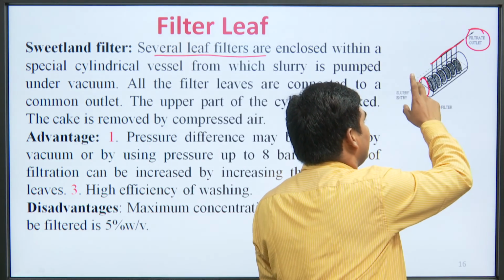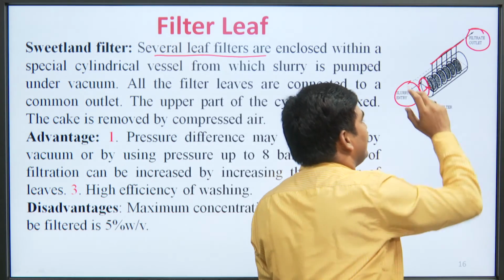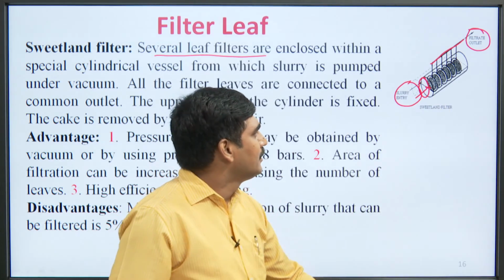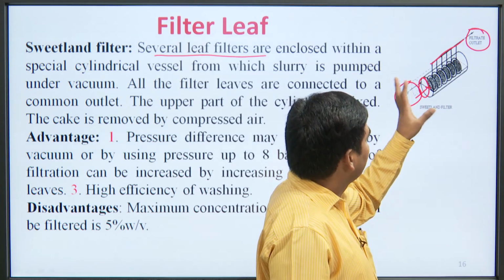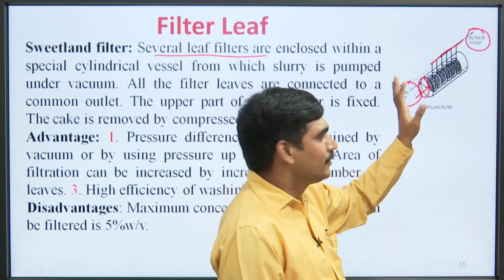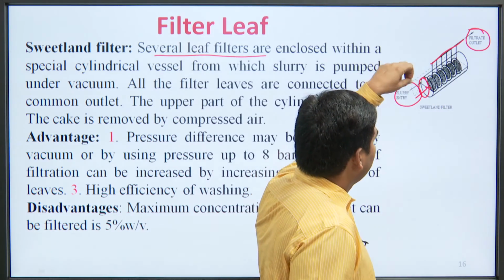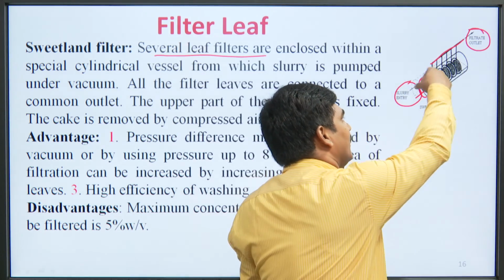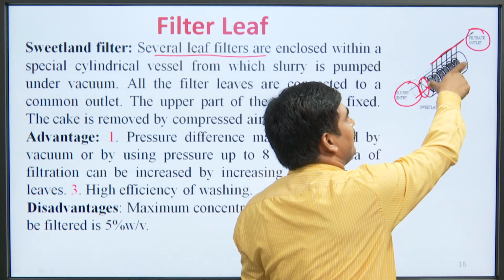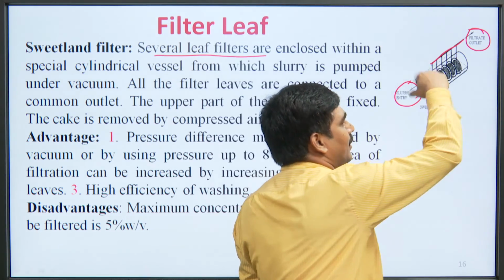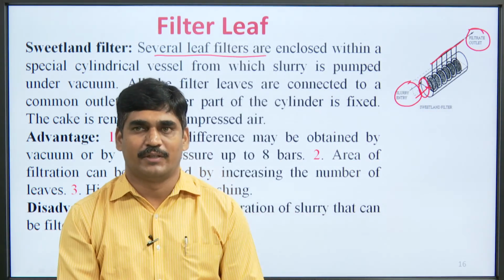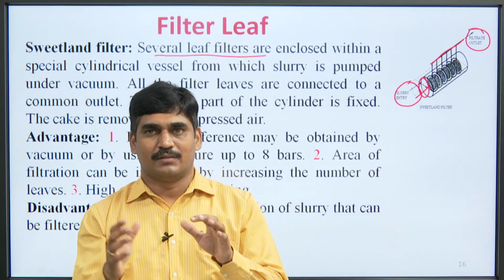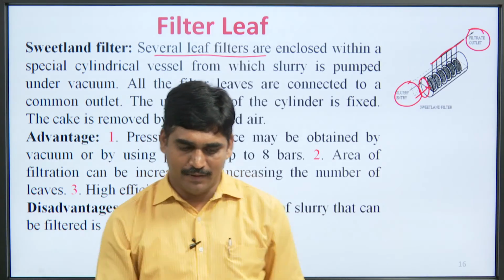As soon as the slurry enters this medium, the filtrate passes through it. As the slurry passes through the different filter leaves, the filtrate can be collected through this common filtrate outlet. This type of arrangement is used in the Sweetland filter.